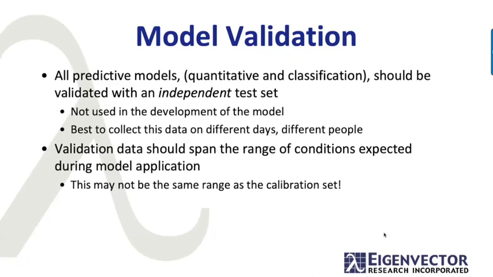But it might be, for instance, that when you use the model, you know that you're never going to get things out in that range. So you might want to just test it on a smaller range of your data. So that's possible, but models definitely should be validated with data that is independent of the calibration data. And when I say independent, I mean has different errors in it, if you will. Okay, I'm not going to get too deep in the weeds on that.